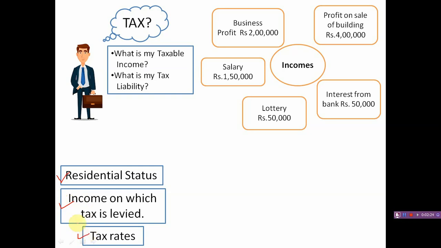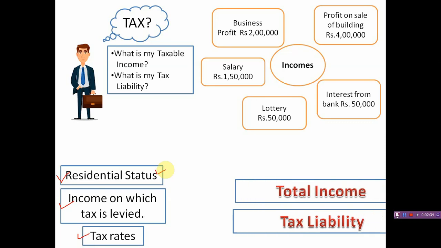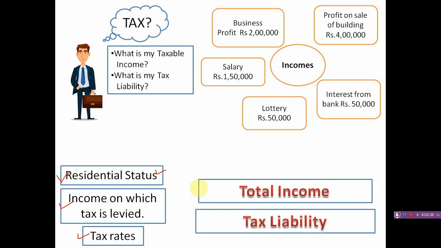Once the residential status is determined, the second important step is to compute the income on which the tax is levied. That is called total income. That is calculation of the total income. If we know the total income, then at the rate applicable to a person we can compute the tax liability.